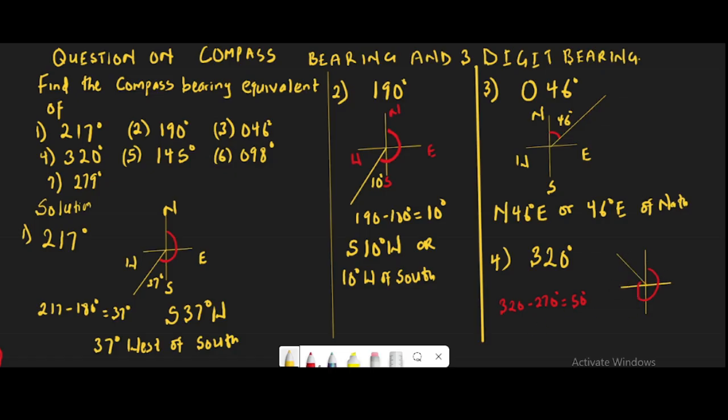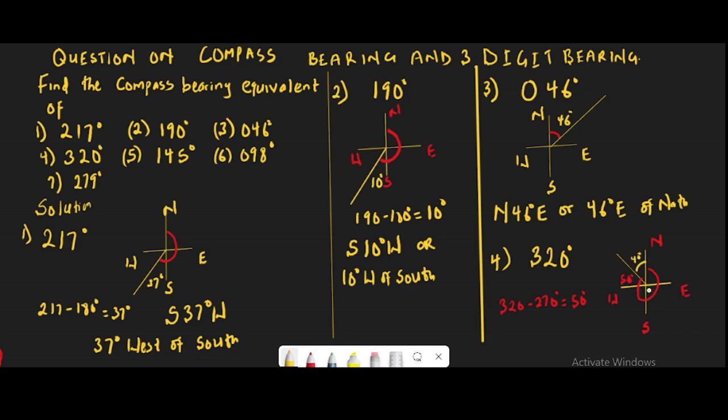Coming from the north in the clockwise direction up to this part is 320 degrees. Don't forget, these are north, south, east, and west. So 320 here, 180, 270, and here is 50 degrees. Everything in this fourth quadrant is 90, so here is going to be 40 degrees.